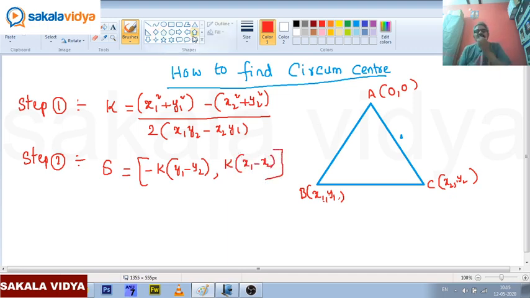First let me explain what the circumcenter is. What does circumcenter mean? For example, the perpendicular bisector of BC, the perpendicular bisector of CA, and the perpendicular bisector of AB.